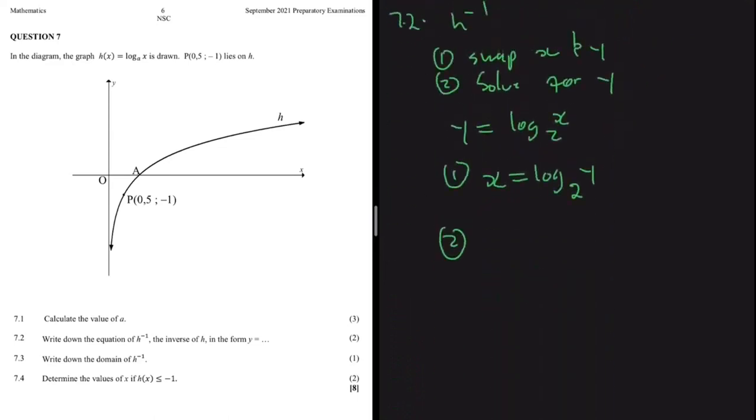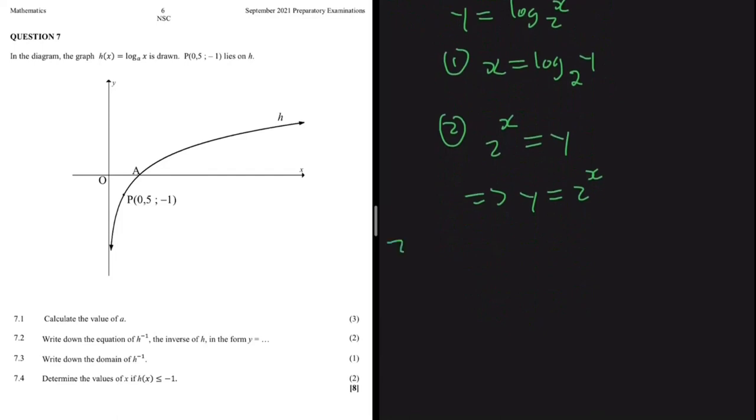So we're going to say that 2 to the power of x is equal to y. So let's just write it nicely: y is equal to 2 to the power of x. So y equals 2 to the power of x is the inverse of our function h of x, right? You just swap x and y, and then after you swap x and y, you solve for y.